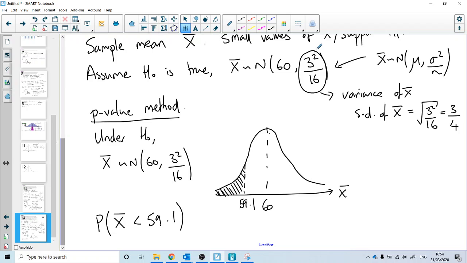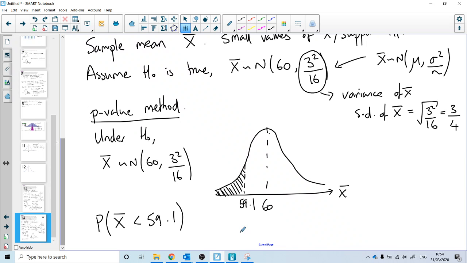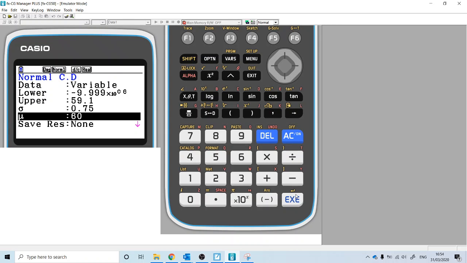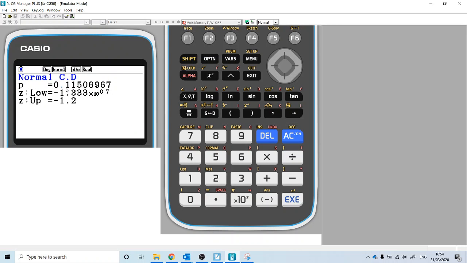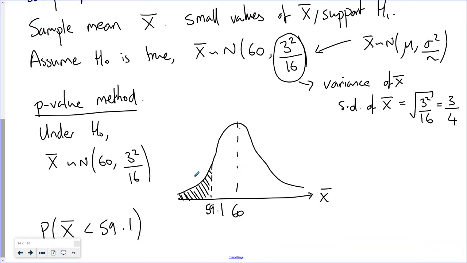So your calculator wants the standard deviation, which is the square root of this fraction here, which is still 0.75. And under H0, mu is 60, because remember we're assuming H0 is true. And we get that as 0.115, or 11.5%. So that area there is 11.5%.